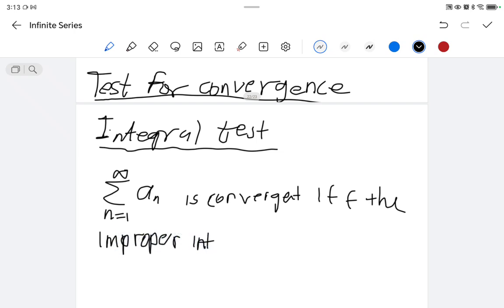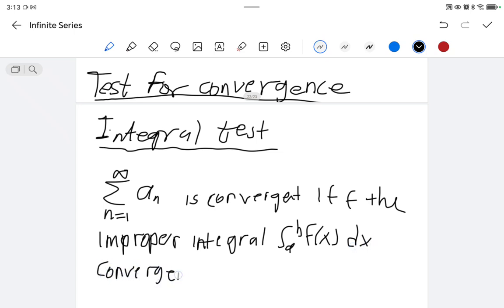The improper integral from a to b of f of x dx converges. Otherwise it is divergent.